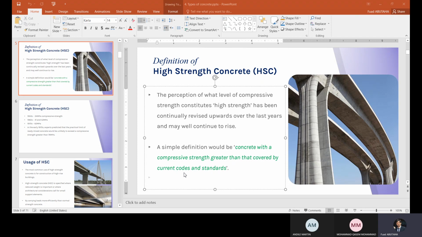The only change is the particle size range. So if we compare them together, which one do you think might get higher compressive strength? Mix 1 or mix 2? I need to listen from you.